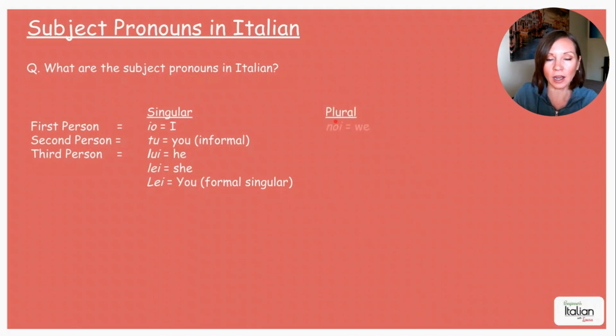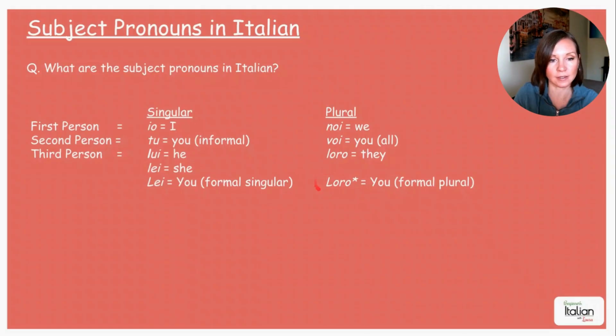In the plural, we have noi, meaning we, voi, meaning you, all, you plural, loro, meaning they, and we also have Loro in the formal plural. Okay, you could tell because it's capitalized, just like over here.